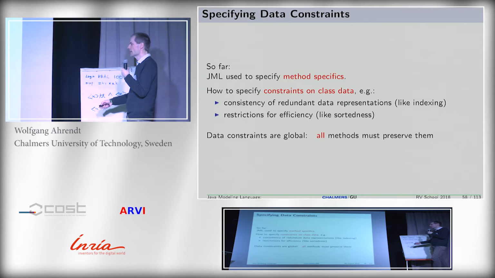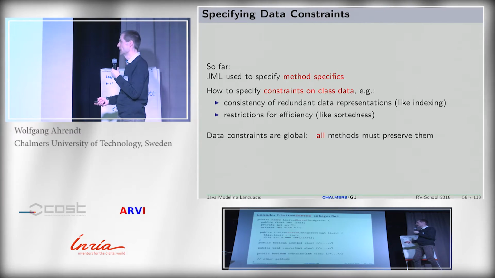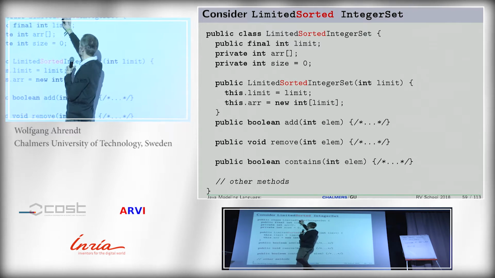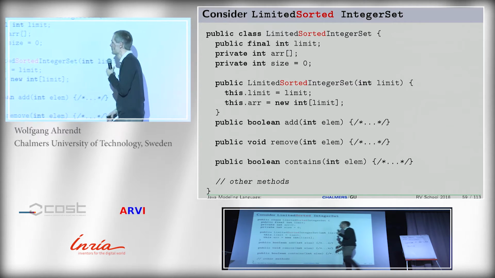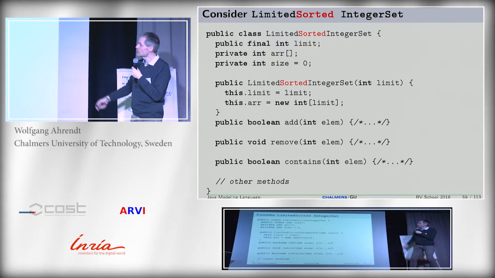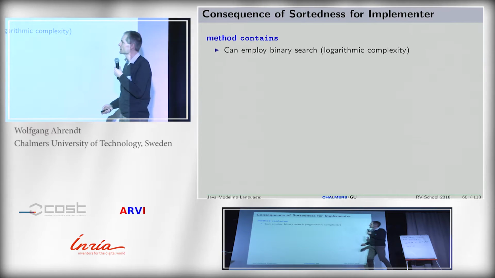So data constraints are global to the methods. And let me extend my integer set to a sorted integer set now, where we say that this array is sorted all the time. And how can we express that?